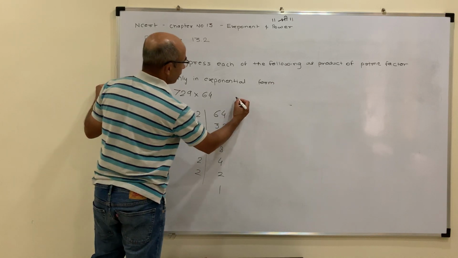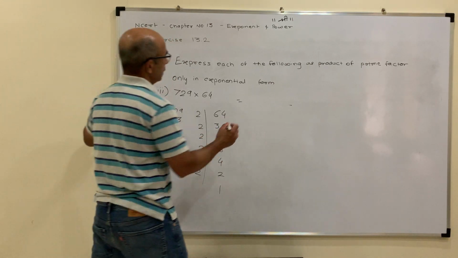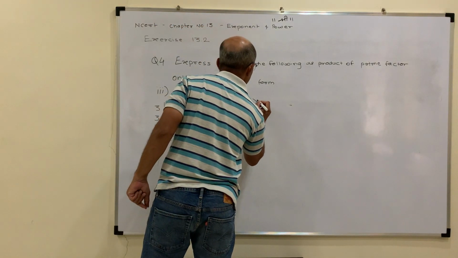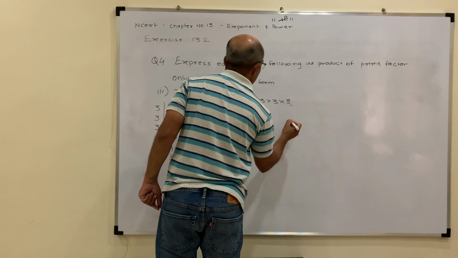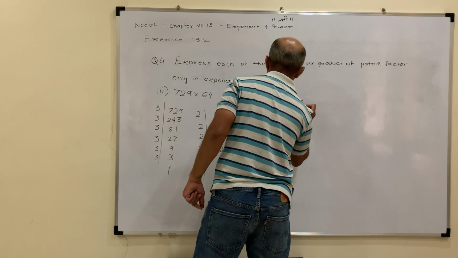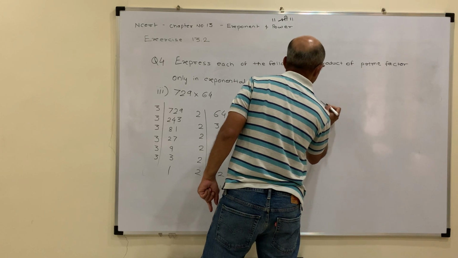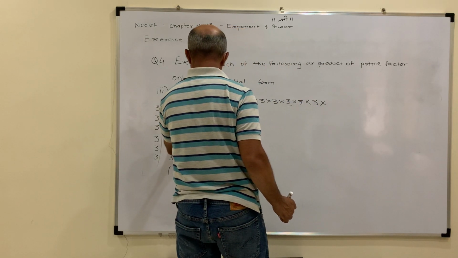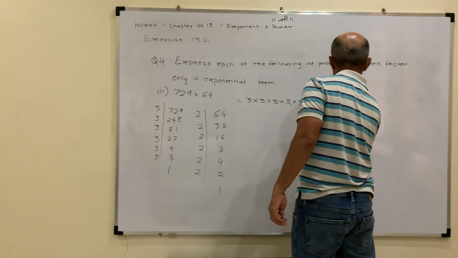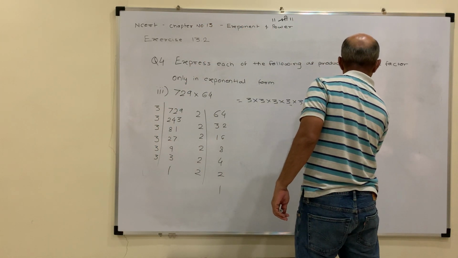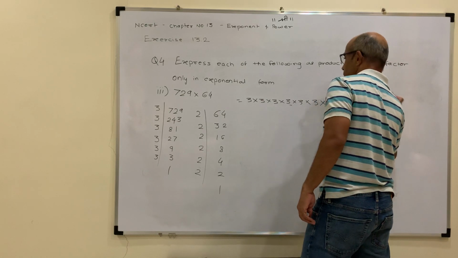So here my prime factors are 1, 2, 3, 4, 5, 6 threes: 3 into 3 into 3 into 3 into 3 into 3, and 2 into 2 into 2 into 2 into 2 into 2.